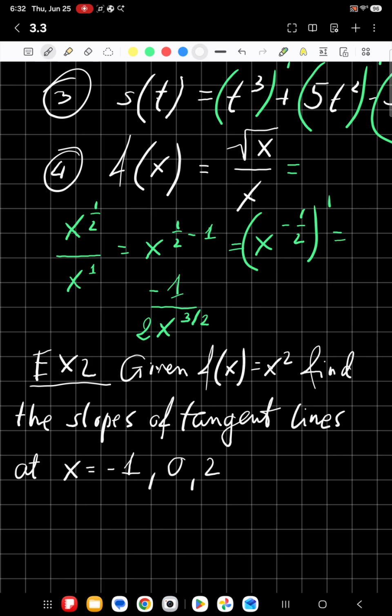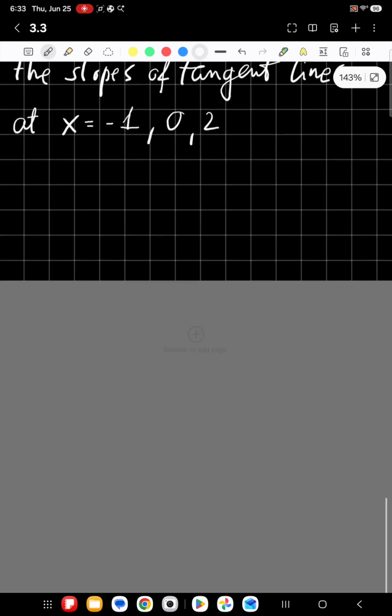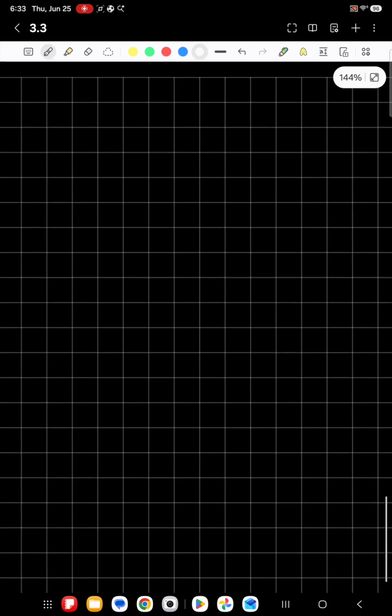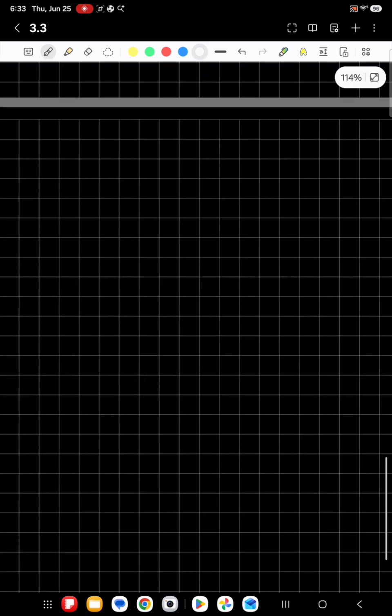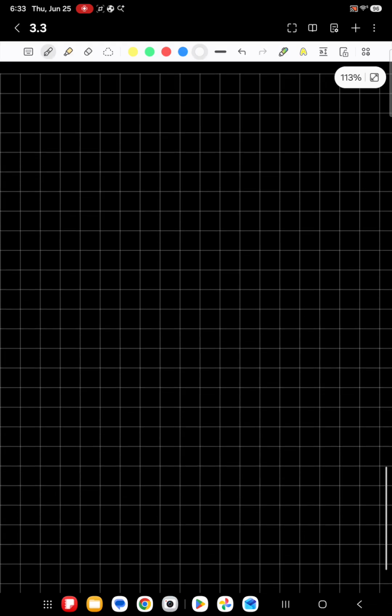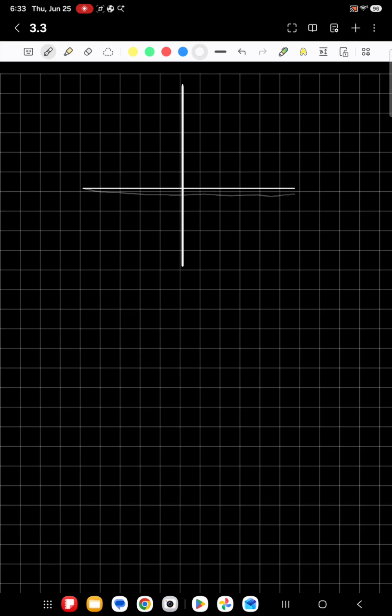Okay, so I hope you remember, right, what's going on. But basically, right, we have this parabola. Y equals x squared. Okay, so something like this.